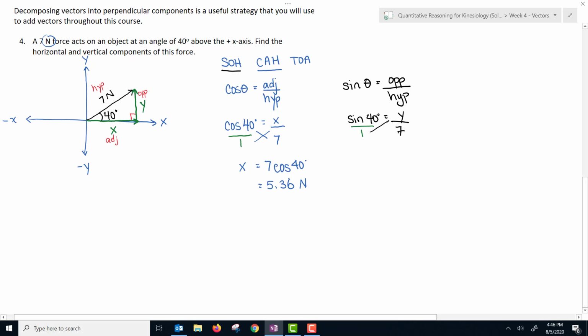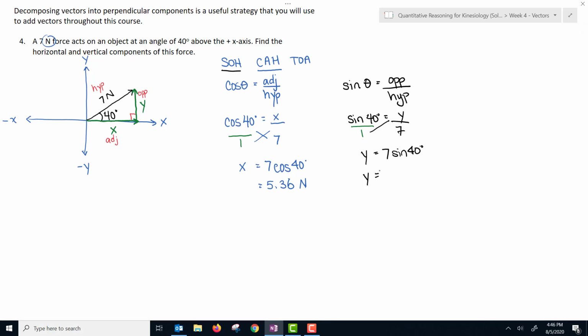So we'll multiply 1 times y, which is y, is equal to 7 sine 40. Now we can just type this onto our calculator. 7 sine 40, and we get 4.4995.